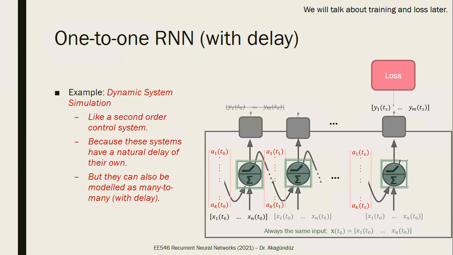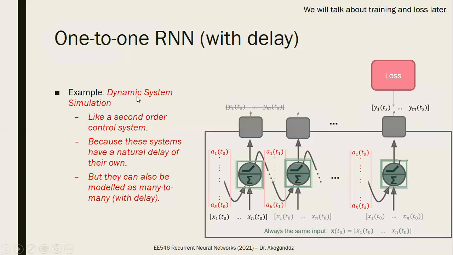And if you know the natural delay of that dynamic system, and the sampling rate at which you feed the input to the system, you could apply that fixed-length delay for your system to learn that dynamic system behavior, so that your RNN can simulate dynamic systems.